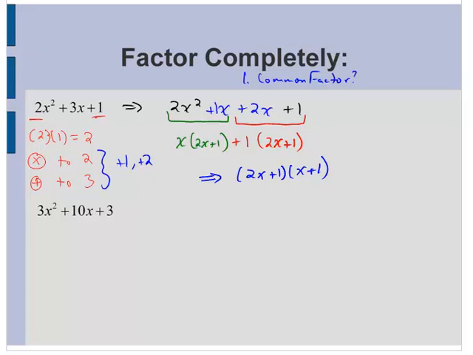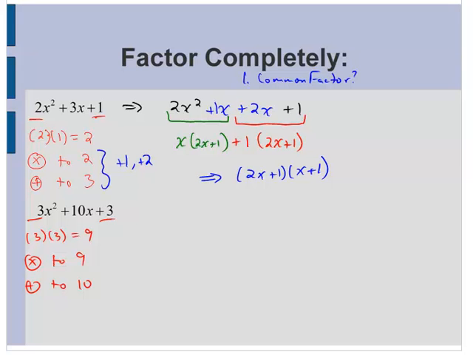Factor completely 3x squared plus 10x plus 3. Alright, again, there's no common factor. So the first thing I will do is multiply the a and c coefficients. 3 times 3 is 9. I need to find a pair of numbers that multiplies to 9 and adds to 10.